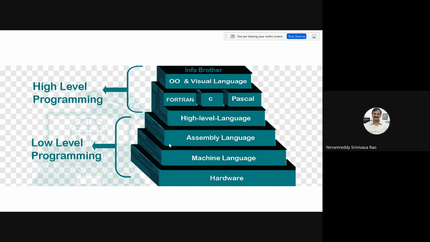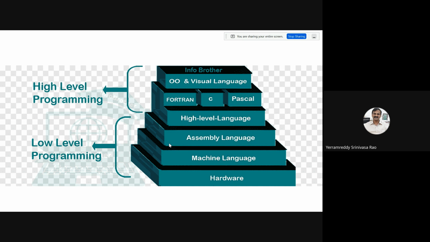If you write in assembly language, it is converted into machine language and goes to hardware. If you write in high level language, it is converted into assembly language, converted to machine language, and goes to the hardware.